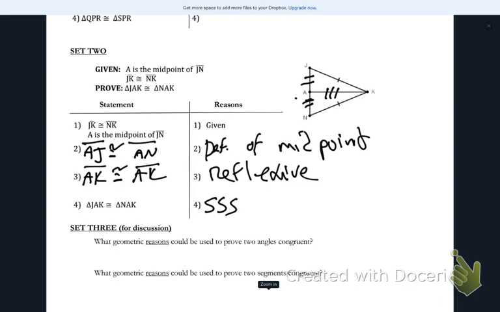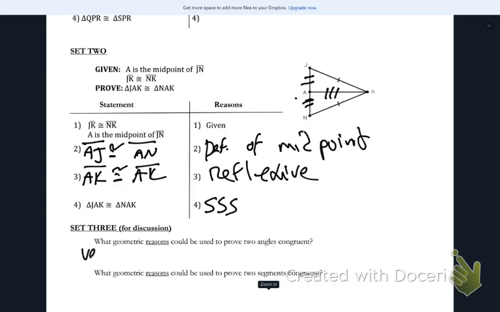Now, looking at set 3. The first question here says, what geometric reason could be used to prove the 2 angles are congruent? If you think back even to unit 1, we can use different theorems for those. One of them would be if the 2 angles are vertical angles, right?